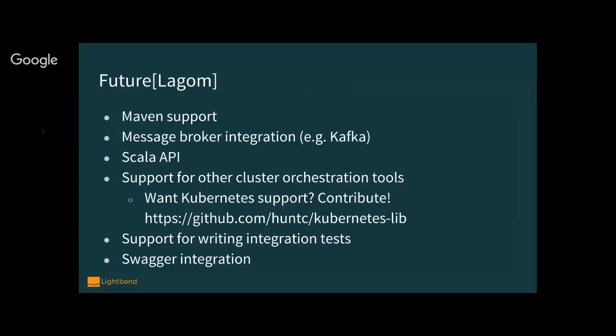And then Swagger integration and an API for integration tests, where you can write tests that cross microservices. And these can become quite complex because you have to spin up multiple JVMs, etc. Akka has this with the multi-JVM support, so it will be coming to Lagom as well.